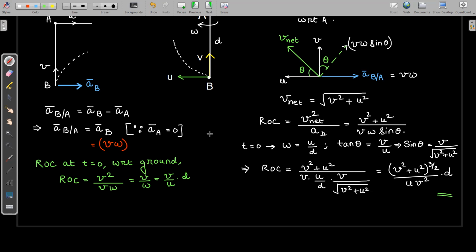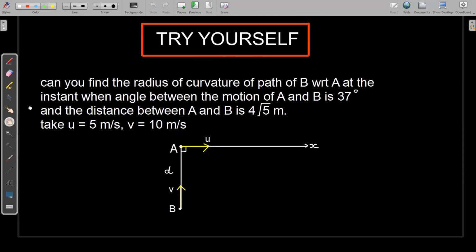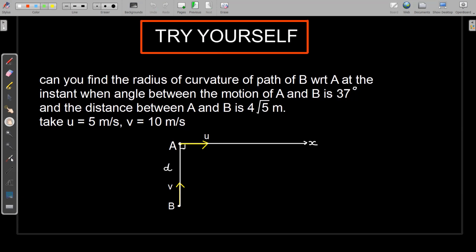Okay, so if you have understood this question, you can give a try to a slight variation of this: what will be the radius of curvature of the path of B with respect to A at an instant when the angle between the motion of A and B is 37 degrees, right?